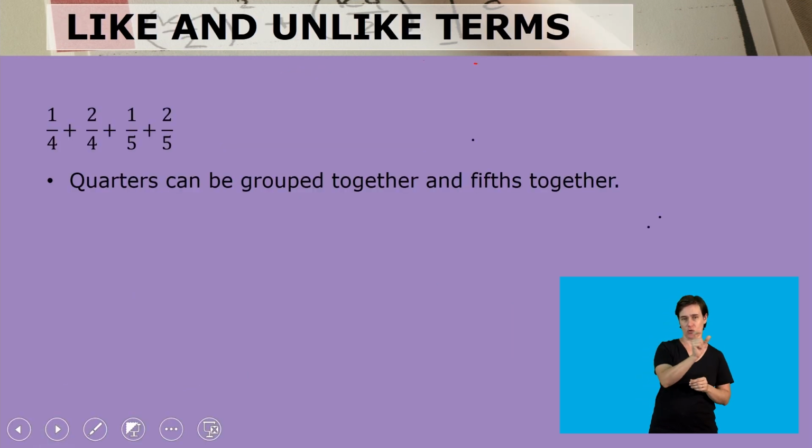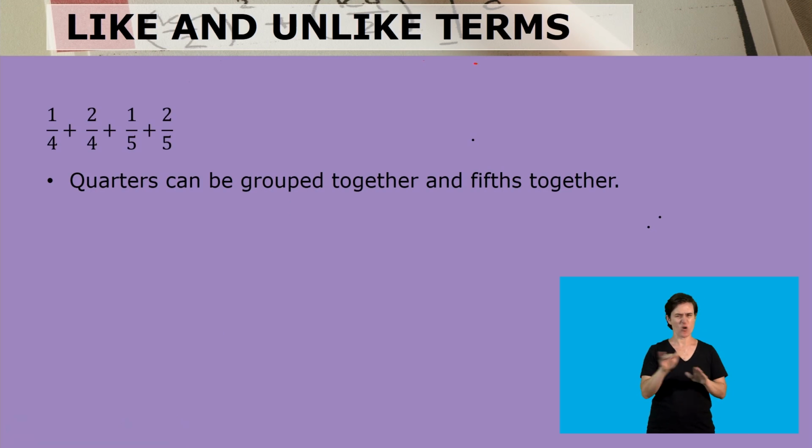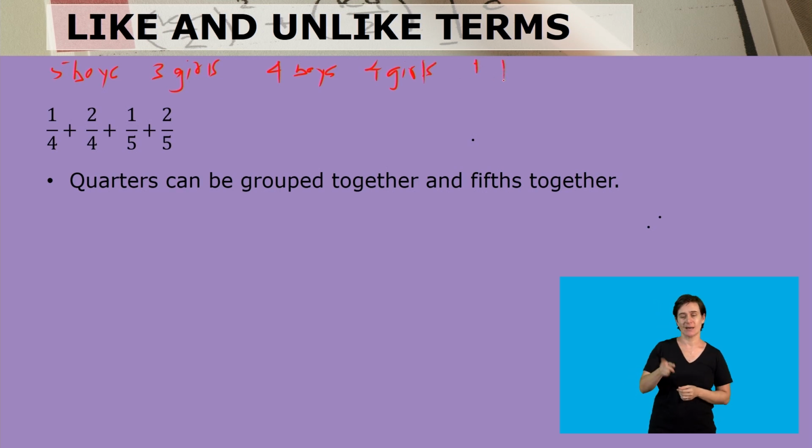When we speak of like terms and unlike terms, let me make an example. In your class, in one row, you've got 5 boys and 3 girls. And in the next row, you've got 4 boys and 4 girls. And of course, you have the teacher, one teacher in the class.